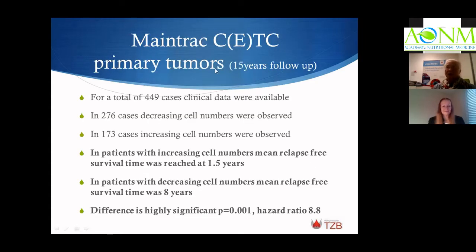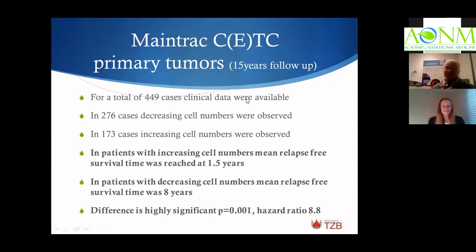So we have now lumped together all our results of circulating tumor cells. We call them circulating epithelial tumor cells. And during 15 years of follow-up, we could identify 439 cases where we had clinical data available.